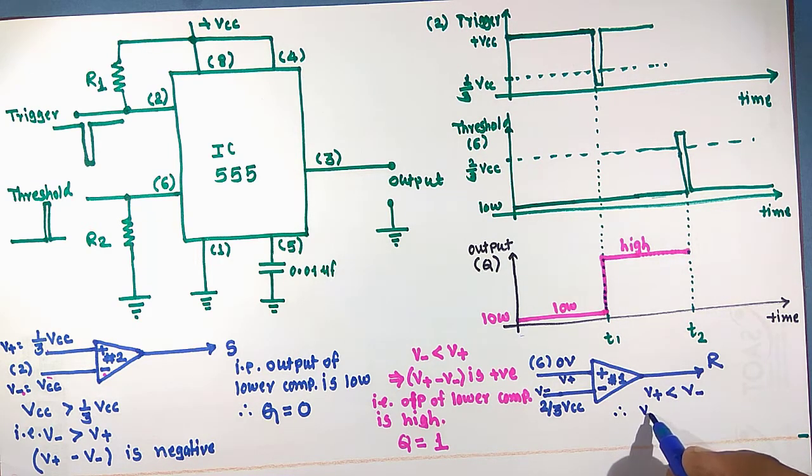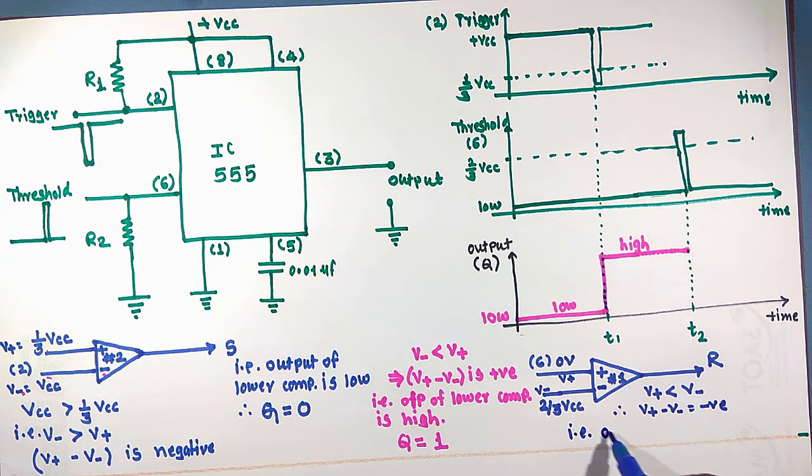Hence V plus minus V minus is negative, that is, the output of comparator 1 is low. So there is no question of reset of the flip-flop.